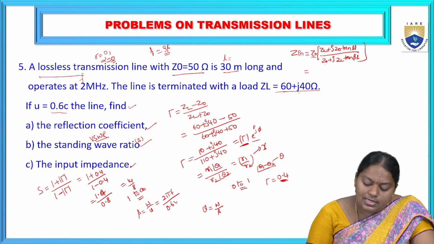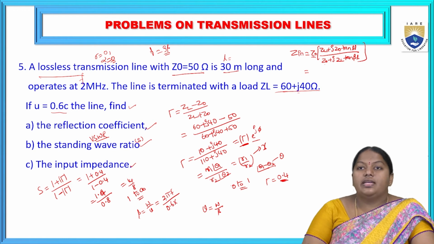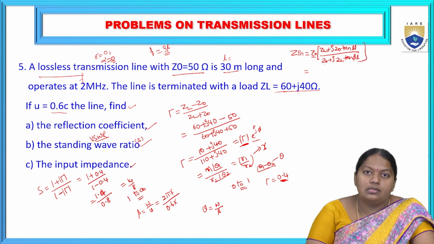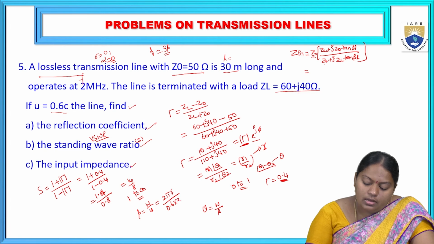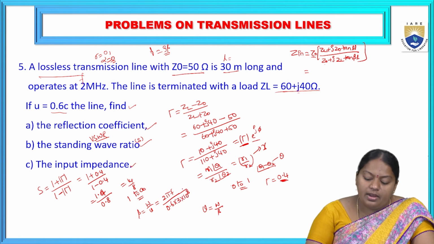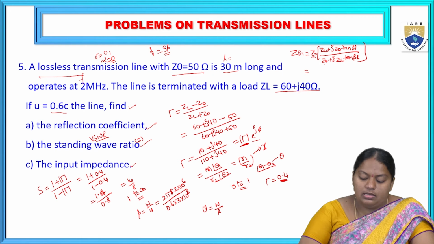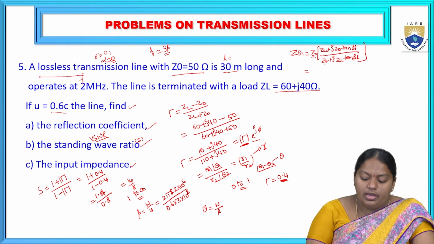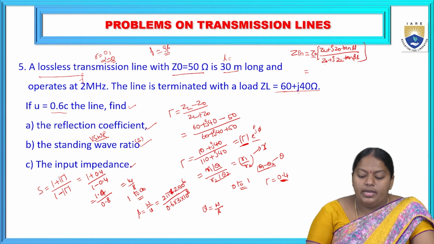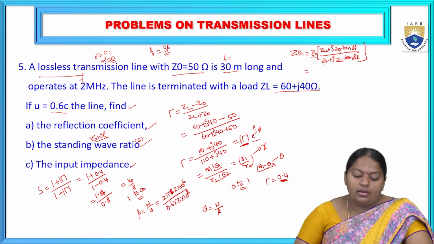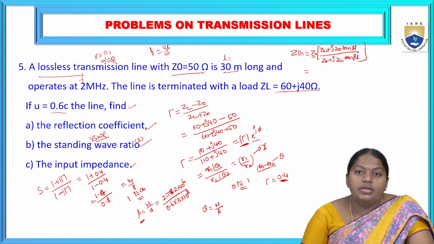Here 0.6 into c is the velocity in the lossless medium, where c is 3 into 10 power 8 meters per second. And the f value is given as 2 megahertz, 2 into 10 power 6. Then 2 pi into 2 into 10 power 6 by 0.6 into 3 into 10 power 8 is the value of beta.